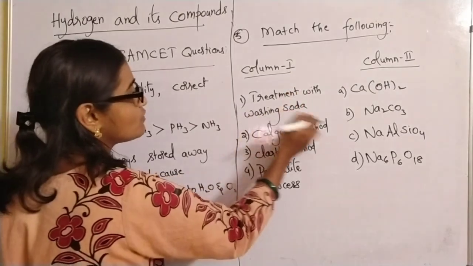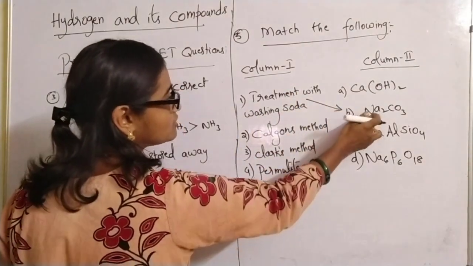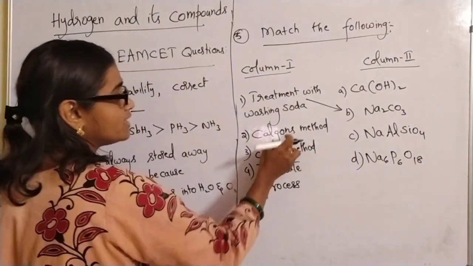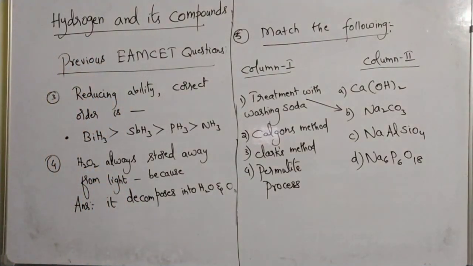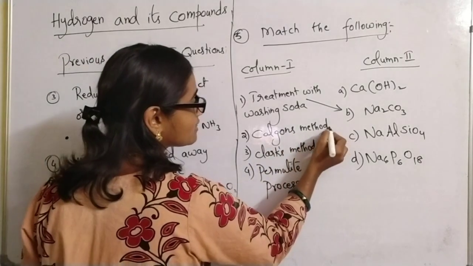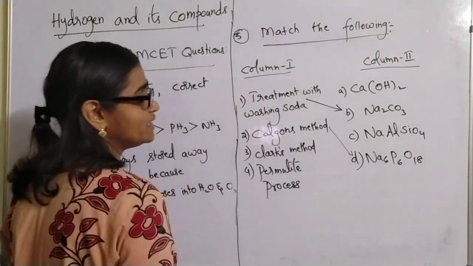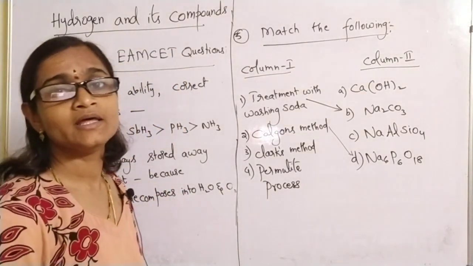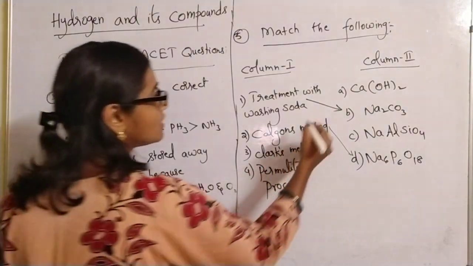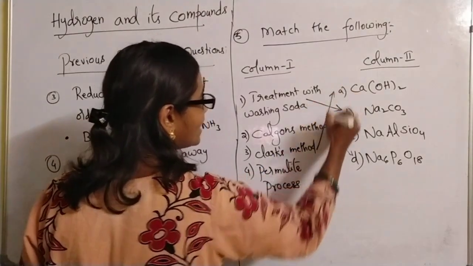So treatment with washing soda means just you have to go with the formula. Then Calgon's method. What is Calgon's method? You have to use sodium hexametaphosphate, so the option will be D. Then Clark's process is what? Adding lime is called Clark's process. Okay, so you will have to match like this.